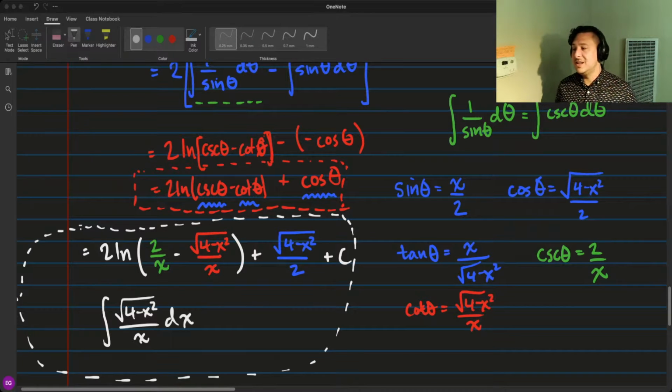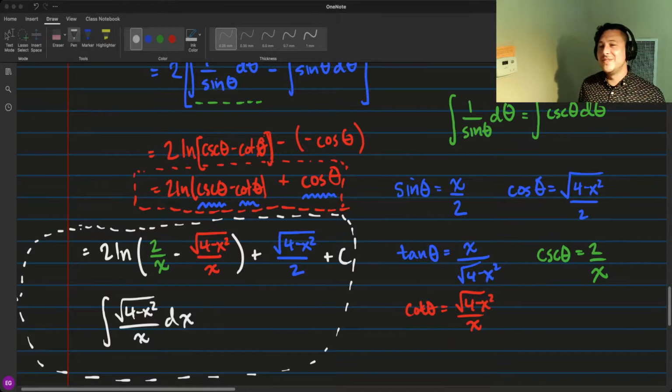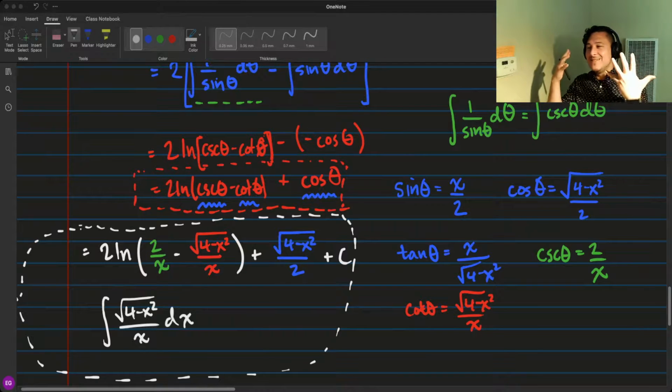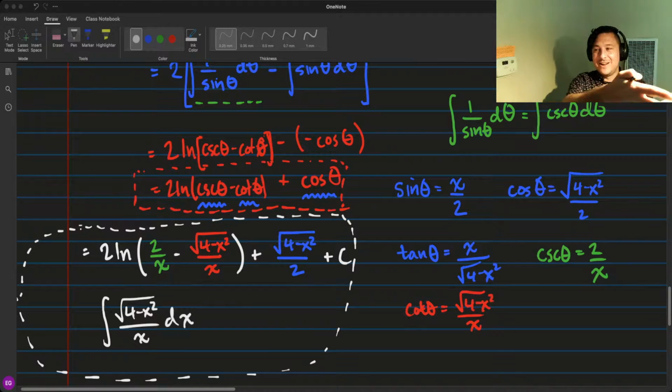So I feel bad for engineers and physicists because you actually have to do this. Does that make sense? Sometimes the only way to answer the question is to solve this horrible integral, and then you're like, okay, there we go, we got our answer. Awesome. It is really horrible.